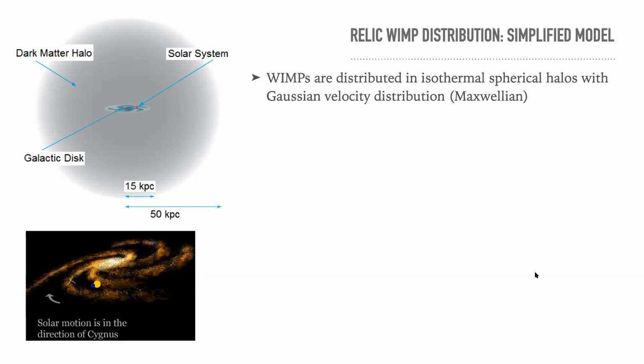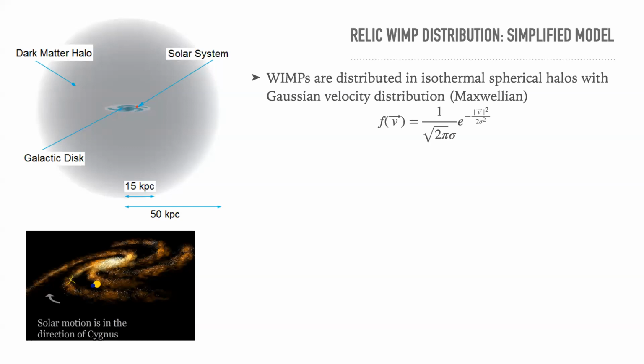And maybe once we have a detection, we can start getting into the nitty gritty, if direct detection can help say something about the structure of the dark matter in the galaxy. But the assumptions that we are going to make are that WIMPs are distributed in an isothermal spherical halo with a Gaussian velocity distribution.